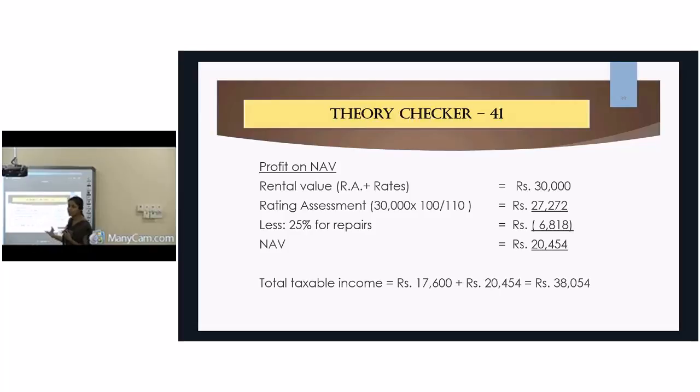For the whole year you consider it as taxable income. So altogether the owner needs to pay tax on 38,054 rupees on that holiday bungalow. Okay, this relates to when the owner rents out the holiday bungalow or whatever property with the furniture, but make sure that periodically the owner occupies that property.